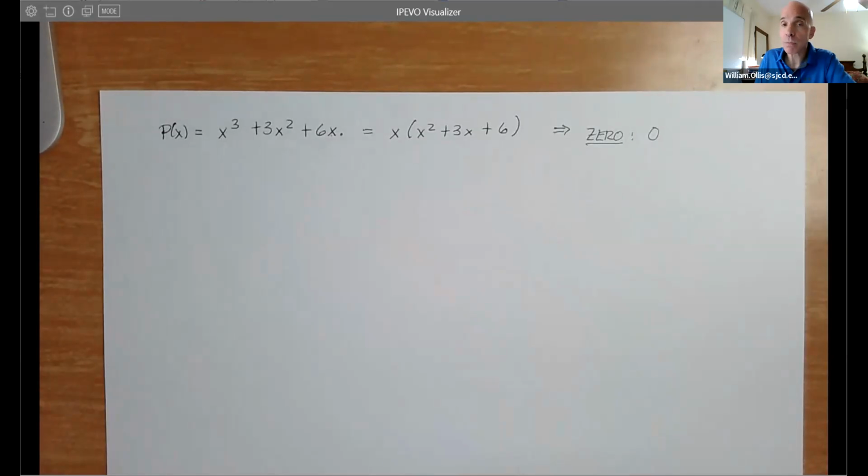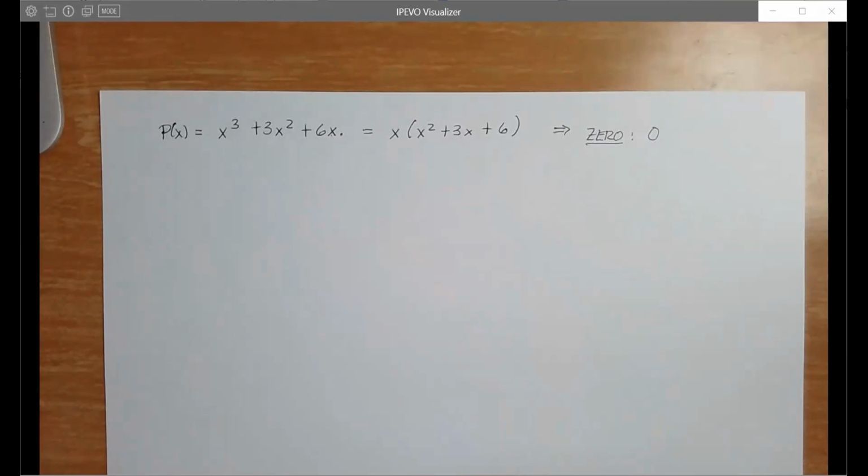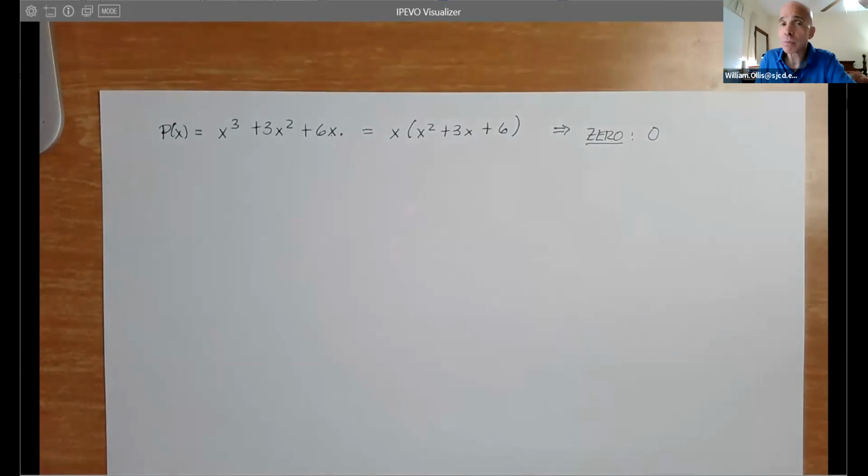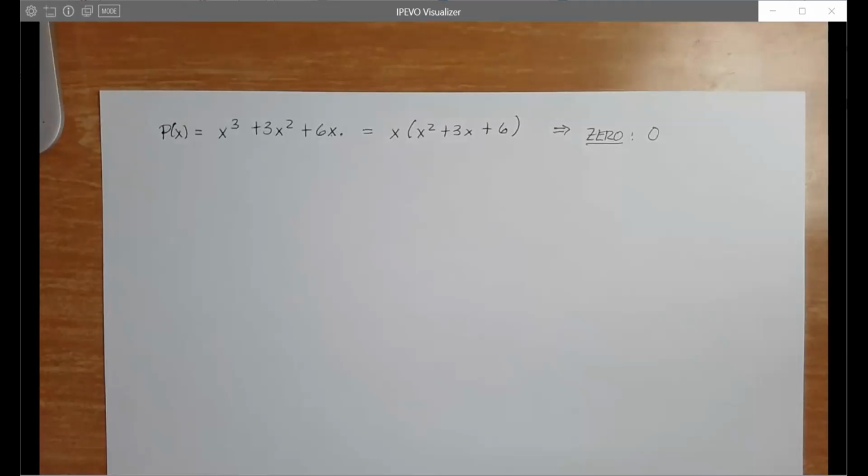True or false? This is a trick question. Is an imaginary 0 a rational number? No. So what's the answer? False. Okay, I'm trying to trick you all, but I'm doing it in good spirit.